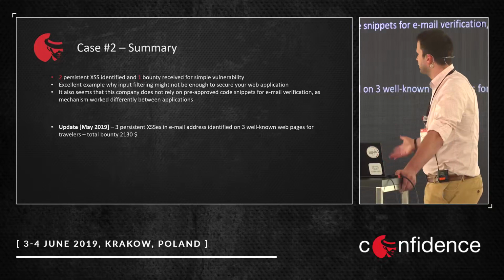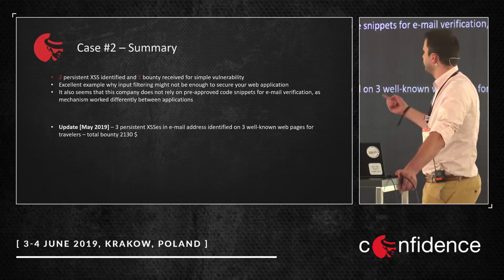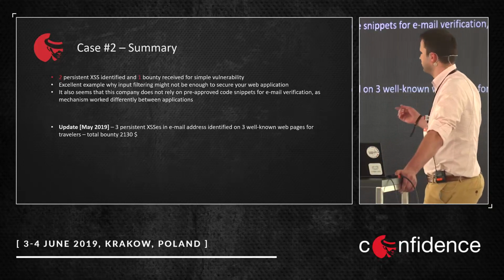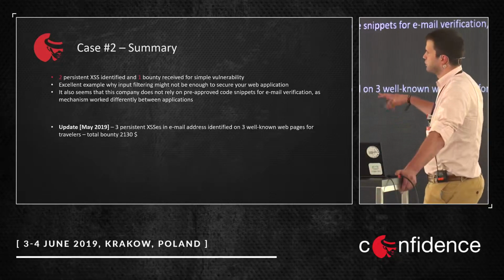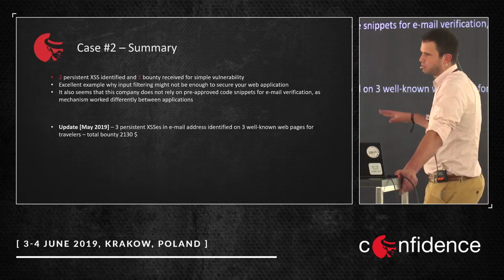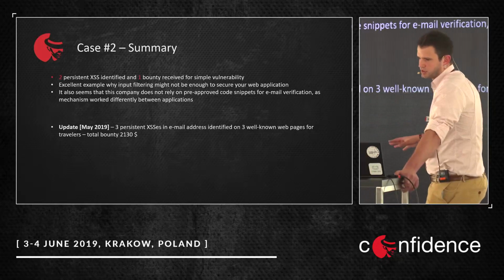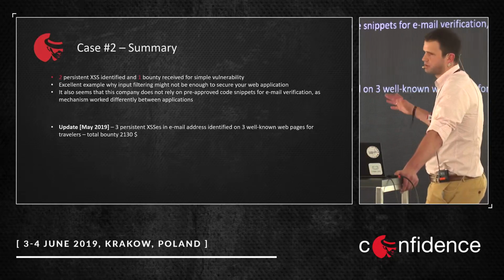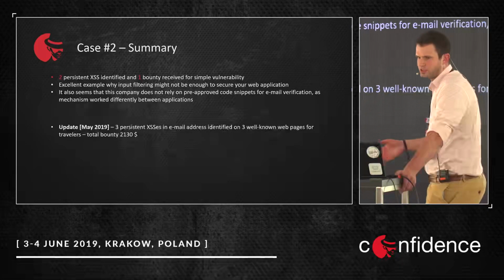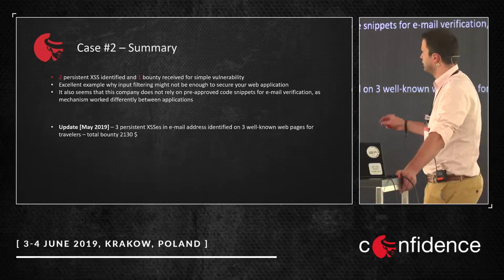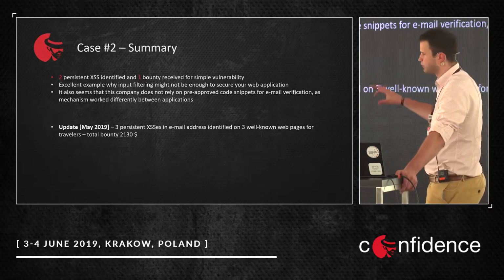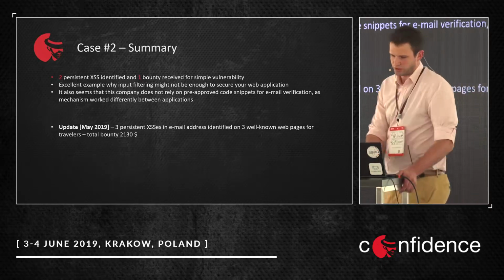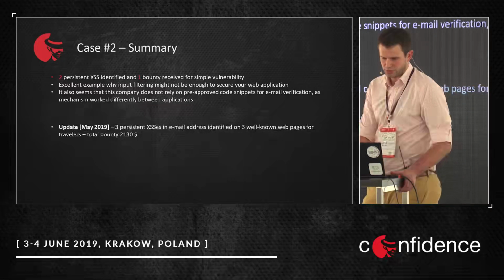This year, even last month, I identified 3 cases of this kind of XSS in email addresses, which were able to impact multiple users because they had some kind of referral mechanism. The information about the email address of the person who sent you that communication was presented on the web page. So yeah, it ended up with a decent payout.